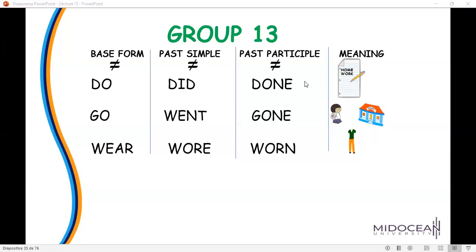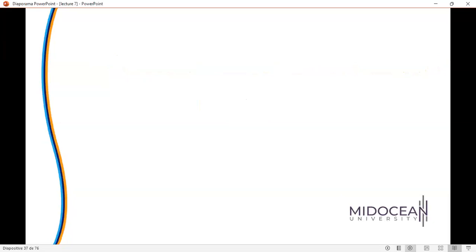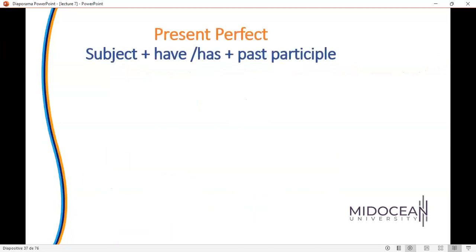Okay, now let's move on to talk about here. As you see, part 2, present perfect or past simple, that's the dilemma, okay. So, the present perfect tense.